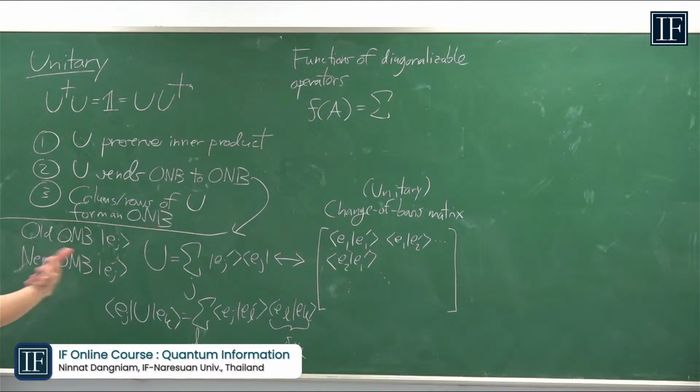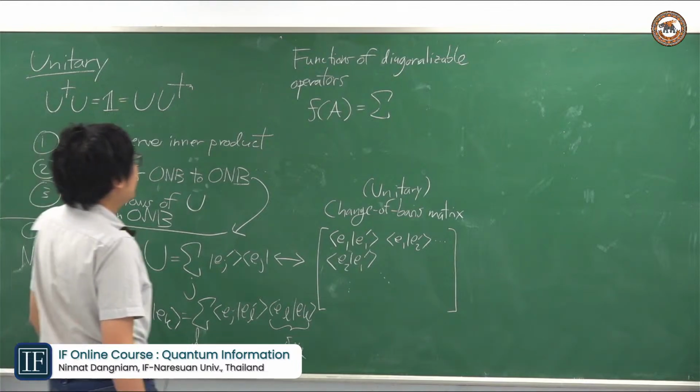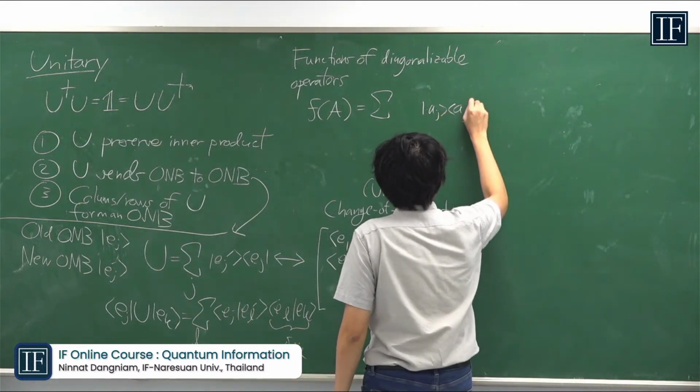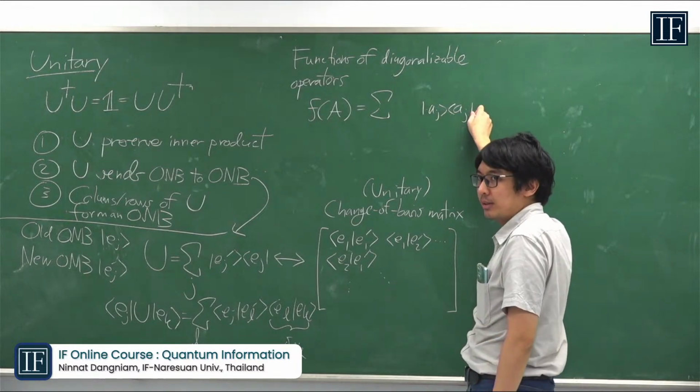This is something I'm sure everyone has done at least once in their life, for example, the exponential function. But if A is diagonalizable, then you would just do the spectral decomposition.